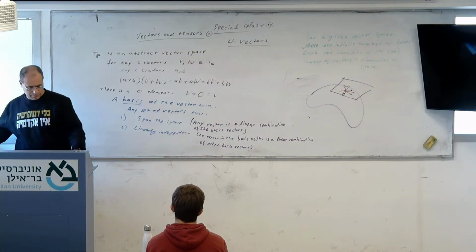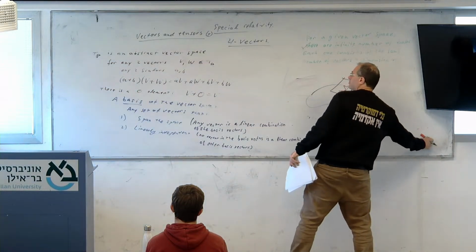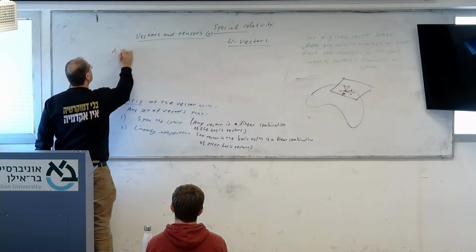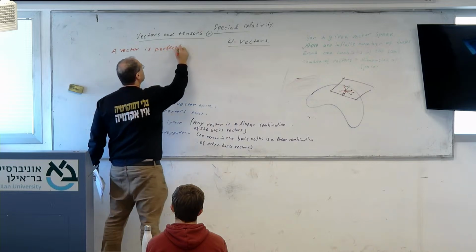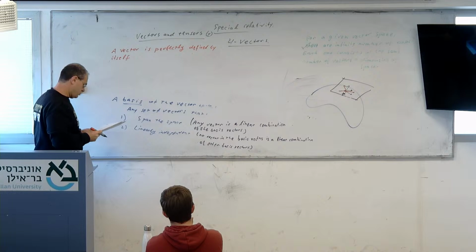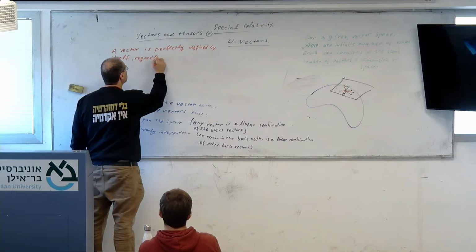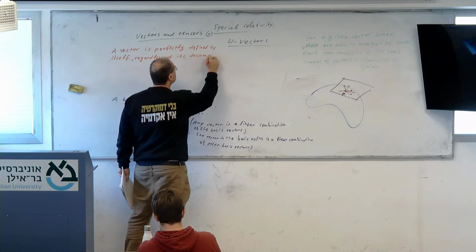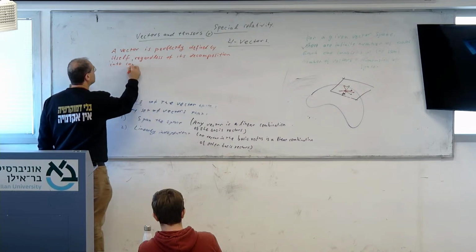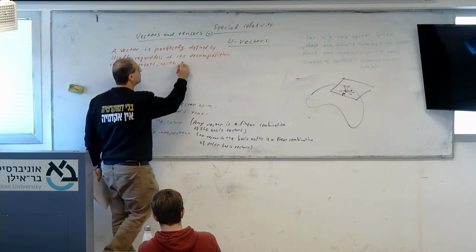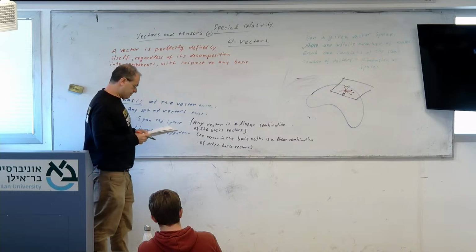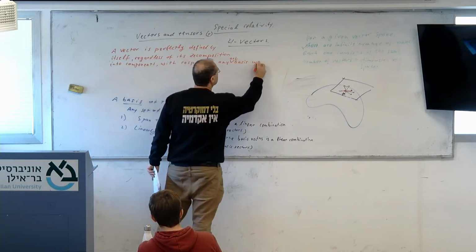A vector is perfectly defined by itself, regardless of its decomposition into components with respect to any basis. Any arbitrary basis we may choose.